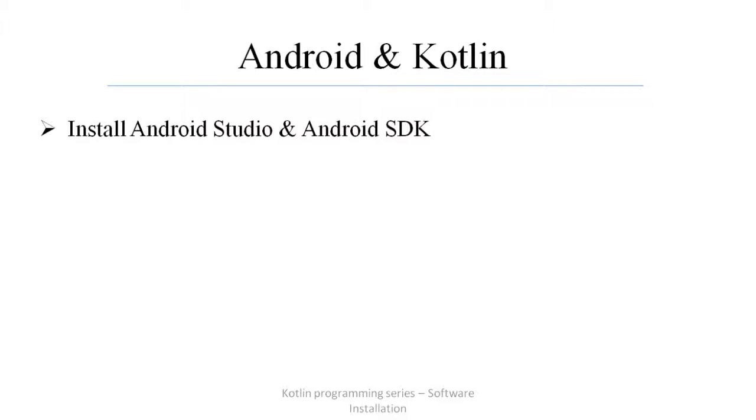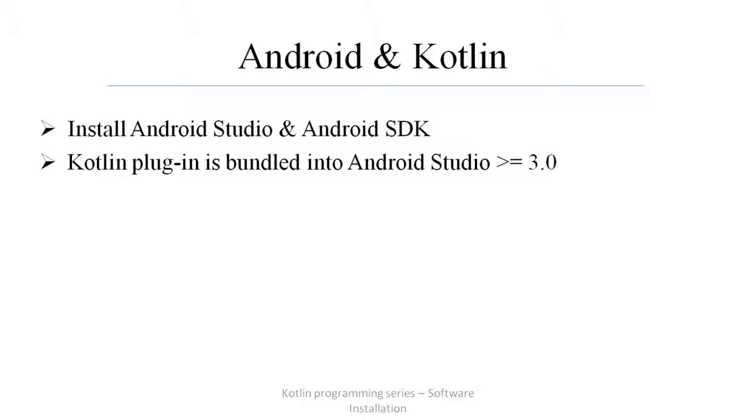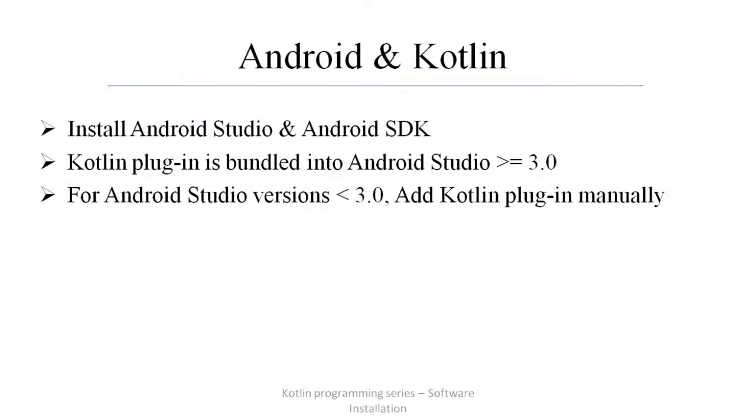The link for this download can be also found in the video description. The Kotlin plugin required for Android application development is bundled into Android Studio versions greater than 3.0, and at the time of this recording, most recent version of Android Studio is 3.0.1. If your Android Studio version is less than 3.0, you have to add Kotlin plugin manually.